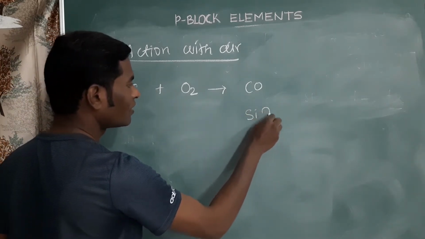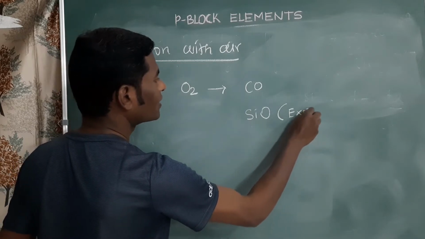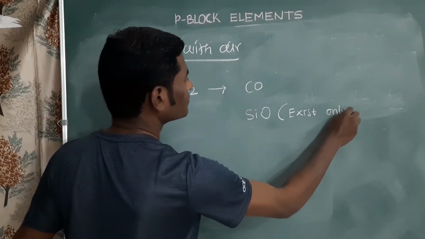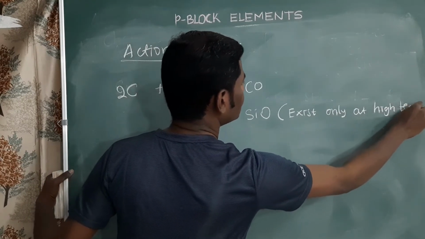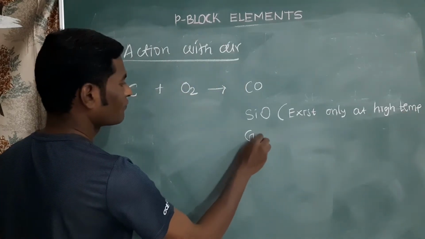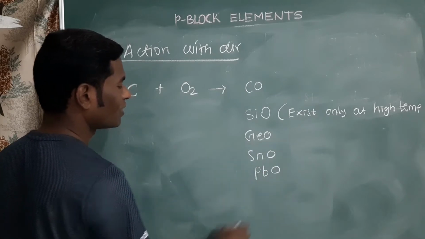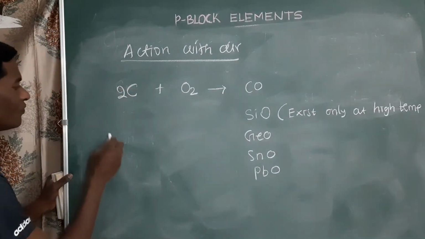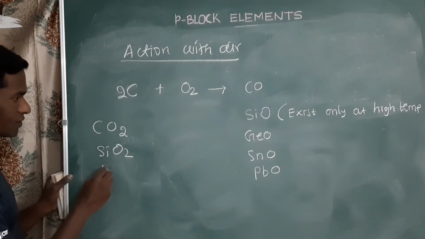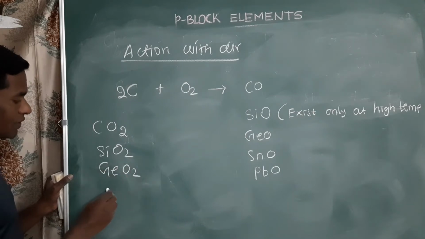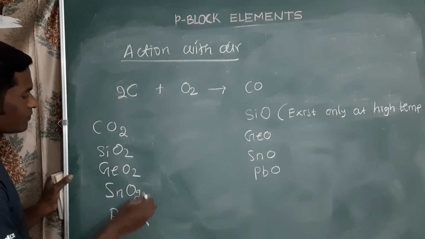Similarly, silicon will form SiO, but it exists only at high temperature. Germanium, tin and lead can also form monoxides. All the group 14 elements can form dioxides: carbon dioxide, silicon dioxide, germanium dioxide, tin dioxide, lead dioxide.